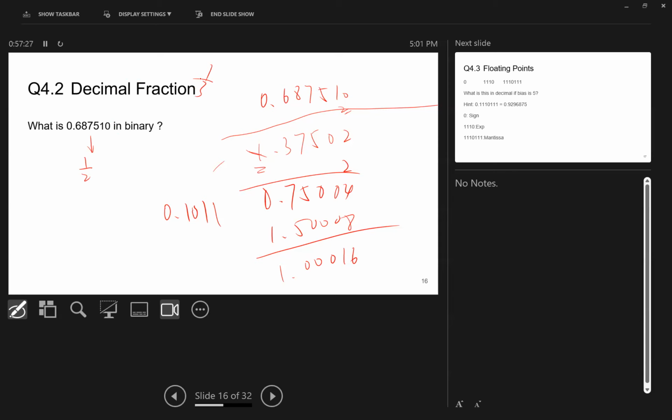Is it clear? So it means that not every number in decimal could be represented using finite bits of binary if we want to represent it precisely. Precisely means that the result has no errors.